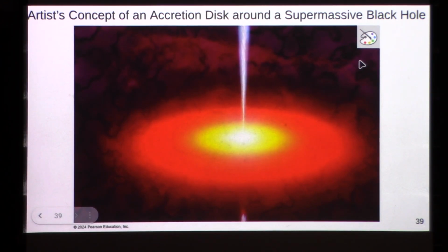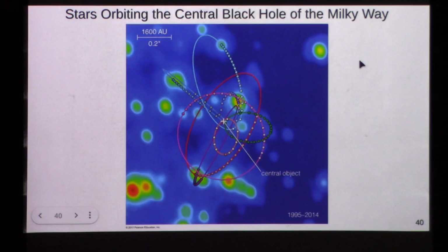So that's pretty cool. And furthermore, 2020 Nobel Prize in Physics, Andrea Ghez got it for leading a team of astronomers carefully measuring orbits of stars around the central black hole.